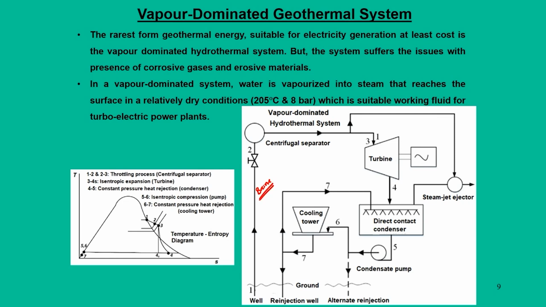When you take out this fluid, there is a throttle valve which regulates the pressure, and there is a centrifugal separator. The centrifugal separator takes out all unwanted, corrosive products from this brine, and whatever goes to the turbine, ideally vapor has to expand in the turbine. So, ideally it is the purest form, which is available as water.